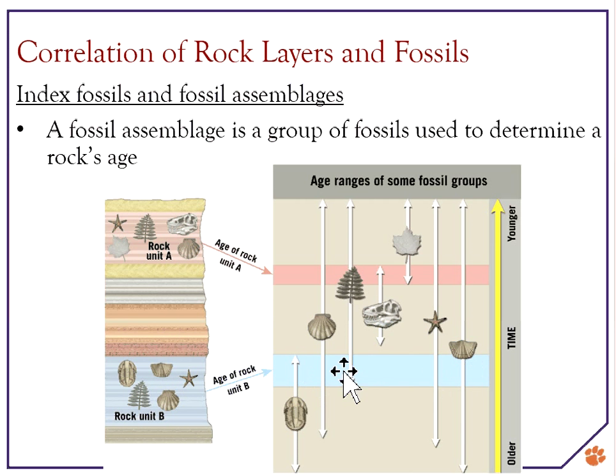And if we see the same kind of combination of the fossils in that unit, we can correlate that further away unit B with this unit B in here. Or the same thing can happen in here. So by looking at the age ranges of these fossil groups and their existence being grouped together, we can correlate different layers from different areas and put them in the same time scale.